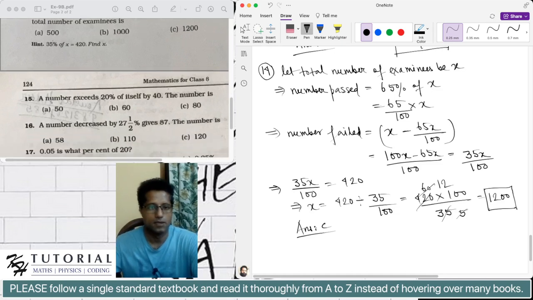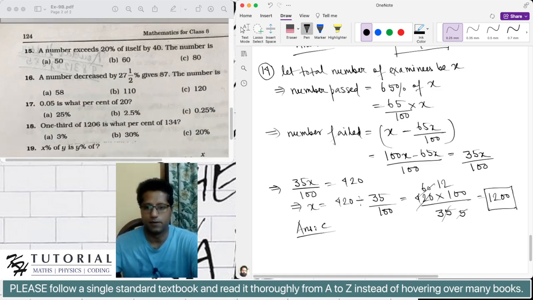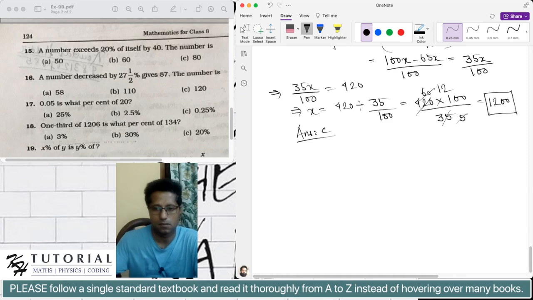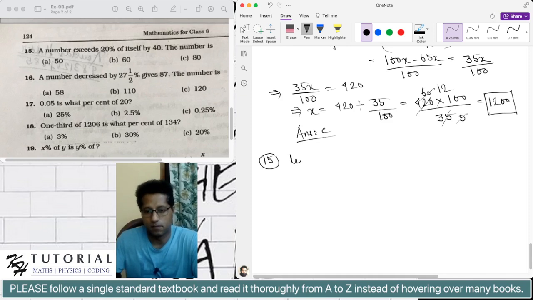Okay, let's do problem number 15. A number exceeds 20% of itself by 40, the number is. Okay, so let the number be x.